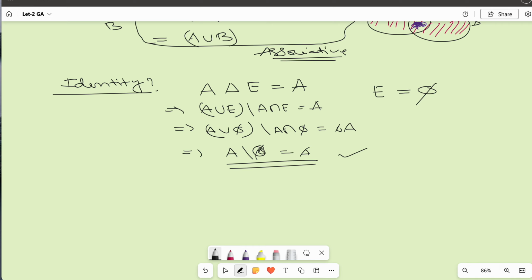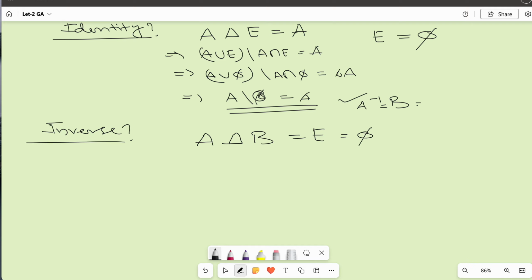So the identity is E, which is the empty set. What about the inverse? Suppose A symmetric difference B equals E. B is the inverse of A. What is the possible choice of B? E is the empty set, so A union B minus A intersection B is equal to empty. What is the choice for B such that it will be the empty set?